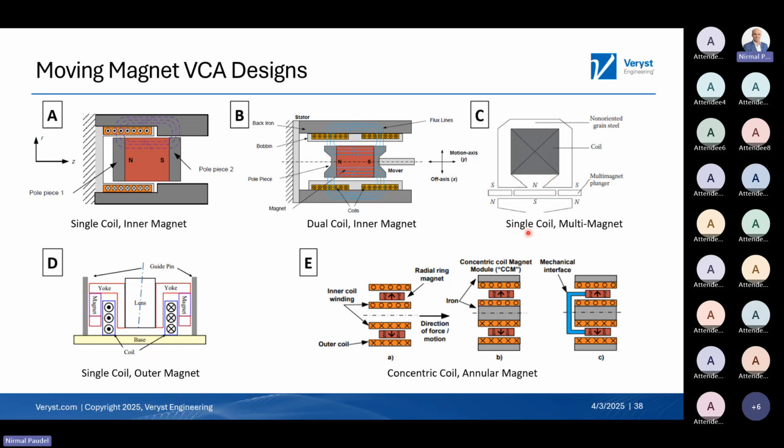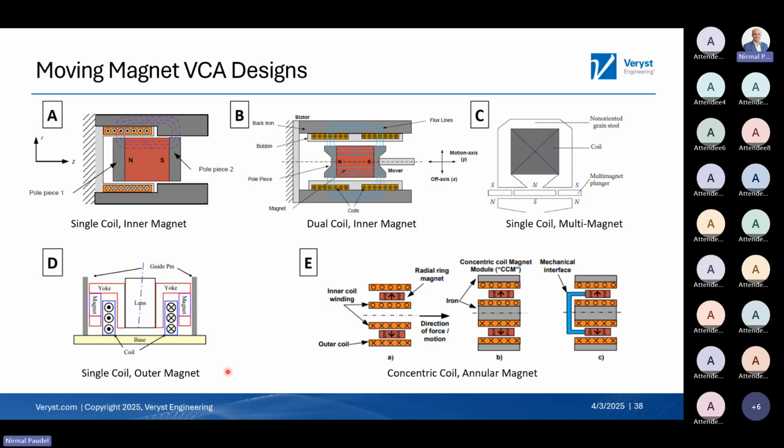In the third design, we have a single coil, multi-magnet design. The magnets can be arranged in an array, north, south, north, in a Halbach fashion. The magnetic core is also designed to have a triangular edge. The next one is a single coil with an outer magnet: you have a magnet outside and a coil inside, but still the magnet is oscillating.